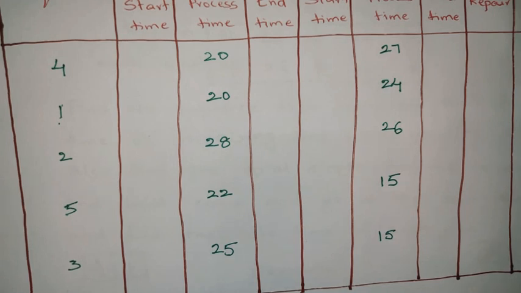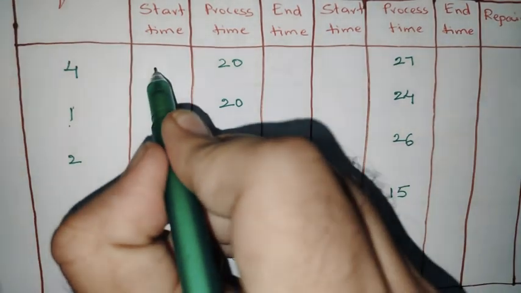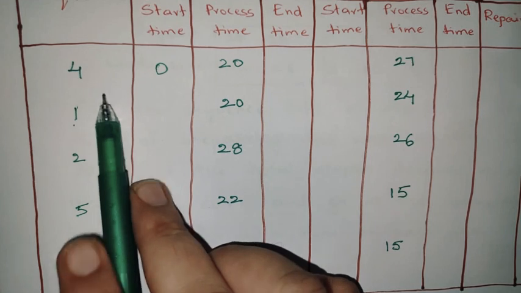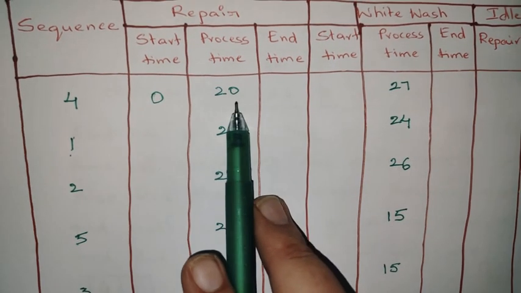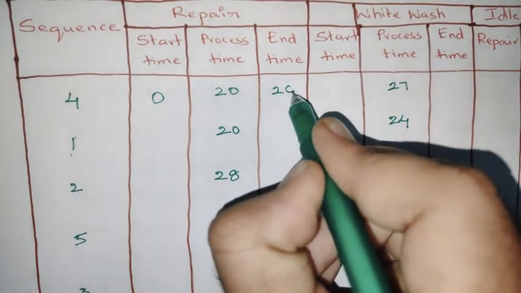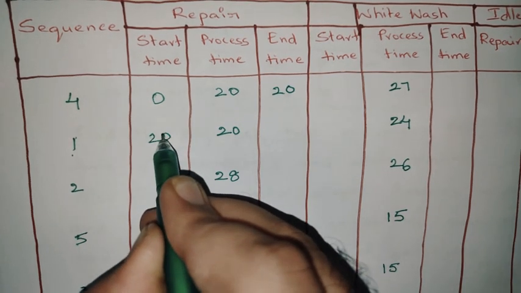Okay. So the start time initially we are taking as 0. For completing the fourth floor repair, it takes 20 hours. So the end time is 20. Then immediately we are getting into the first floor.